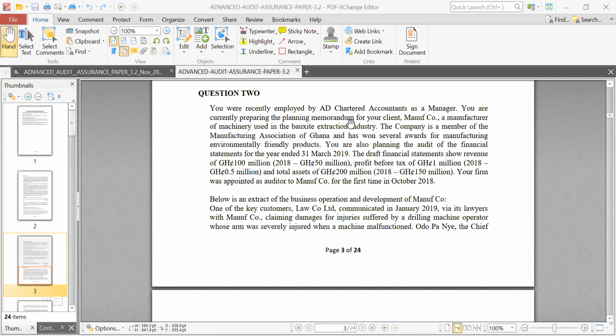Your firm was appointed as auditor of Manufco for the first time in October 2018.